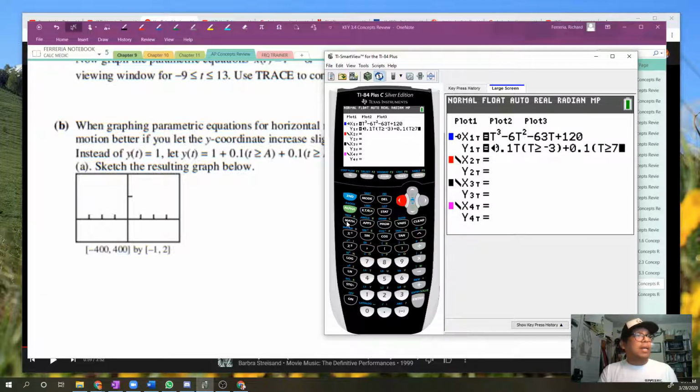And looking back at it, I think I put a t where there shouldn't have been a t, which is here.